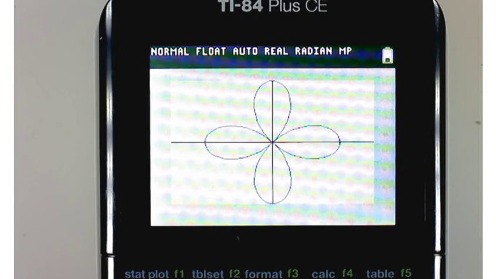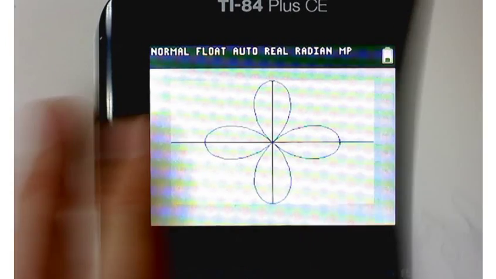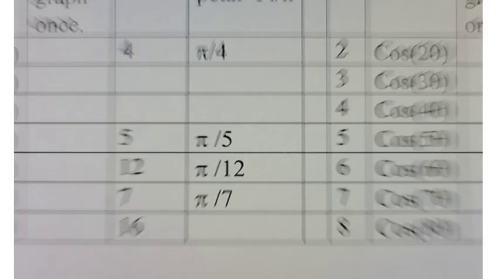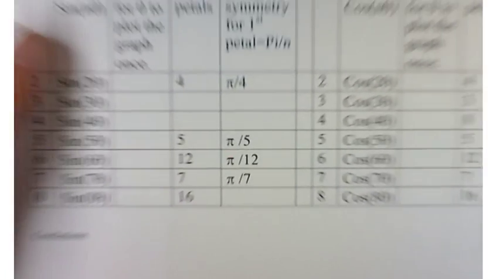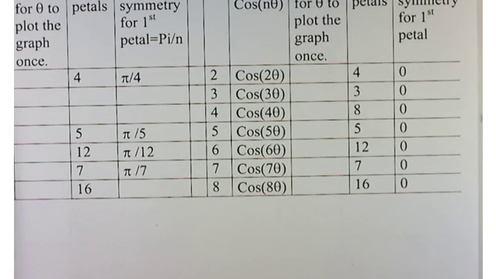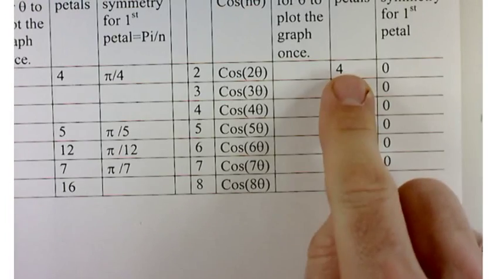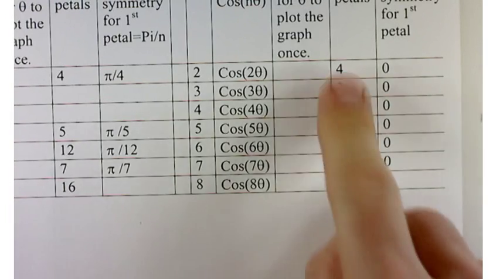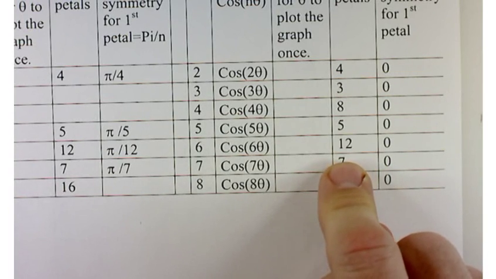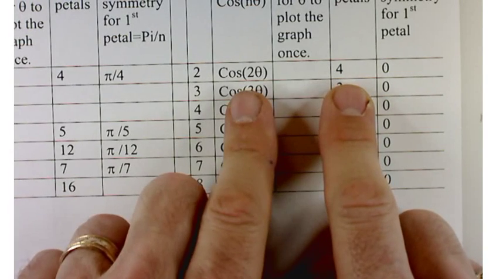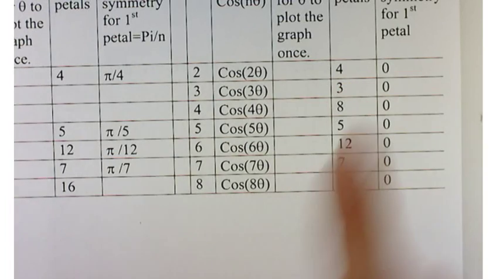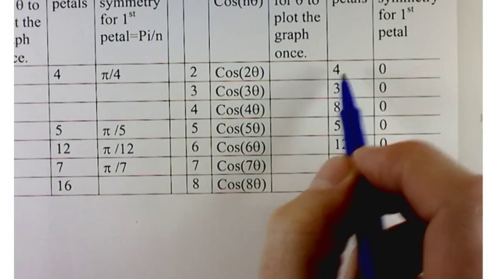All right, so on the back of your sheet, you can kind of fill things in. These are the conclusions that you should have for the cosine in terms of the number of petals, and it shows us a nice relationship between this value in front of theta and the number of petals.